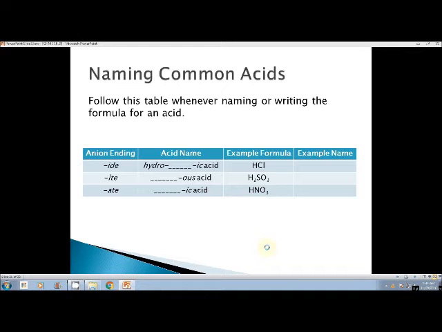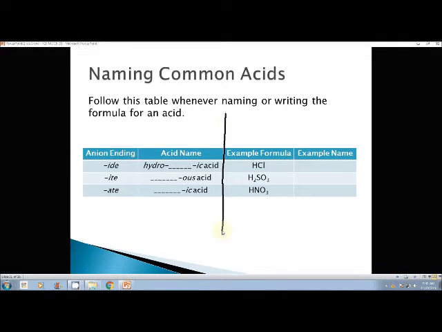Okay. This table, the first left of it is super important, and this is what we're going to need for naming. The second side is an example side. So it all depends on what's with the cation. The cation is hydrogen, so the anion tells us what the name is going to be.